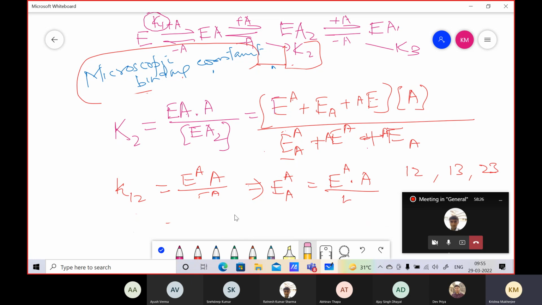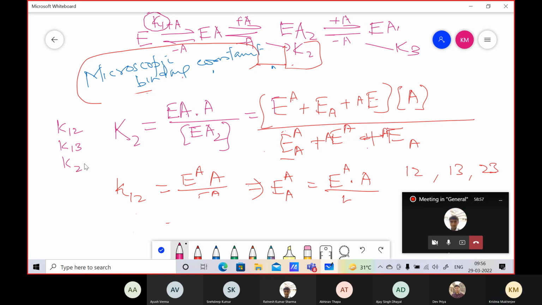So EAA, EAB. So can you see the combinations here? What are the combinations here? K1, 2, K13, K, 2, 3, and we will reverse it later on.